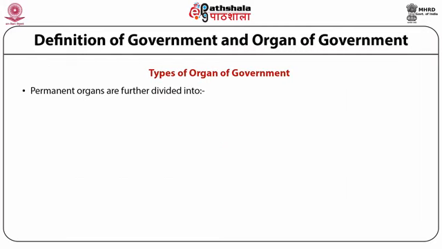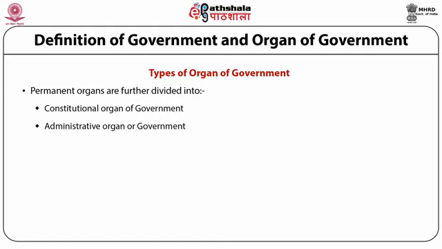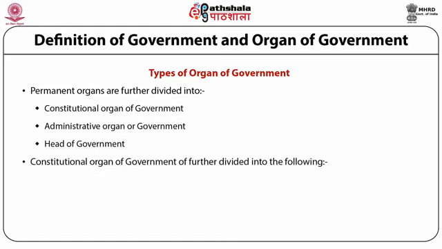Permanent organs are further divided into the following three types. Type 1, constitutional organ of government. Type 2, administrative organ of government. Type 3, head of the government. Constitutional organs of government are further divided into the following. First is executive, second is legislative, third is judiciary.